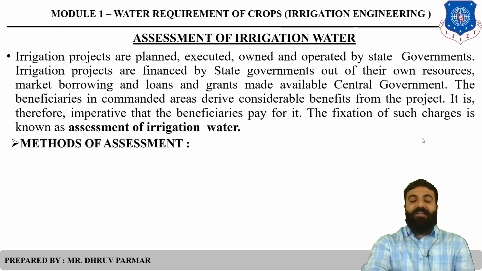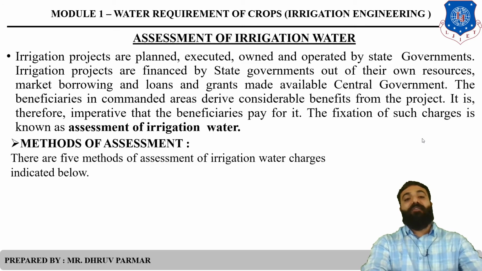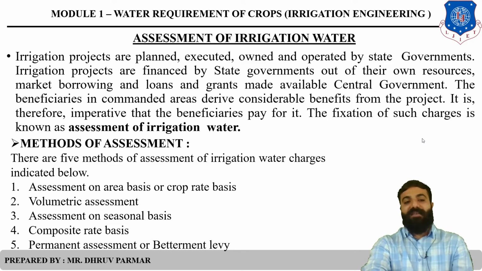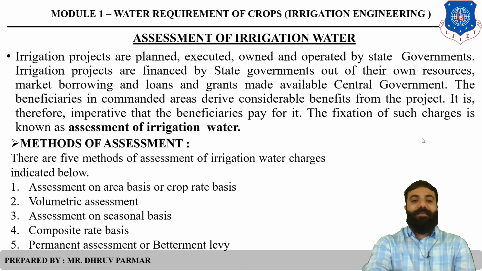So there are various methods of assessment. We already discussed two methods, called volumetric and area basis method. Clear? So there are 5 methods of assessment. First one, assessment on area basis or crop rate basis. Second one, volumetric assessment. Third one, assessment on seasonal basis. Fourth one, composite rate basis. Fifth one, permanent assessment or betterment levy. So first one we discussed, assessment on area basis or crop rate basis.